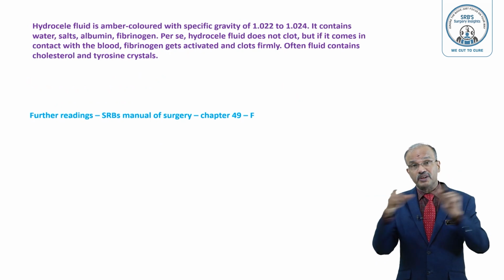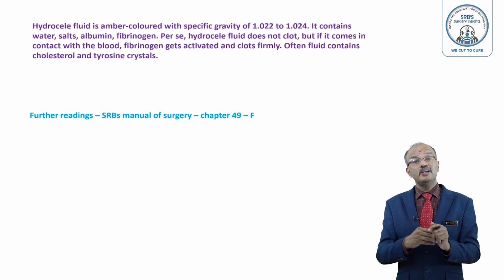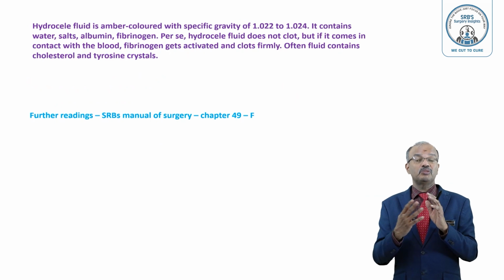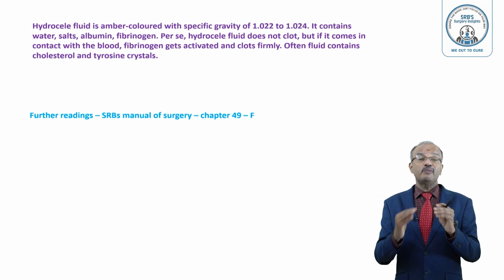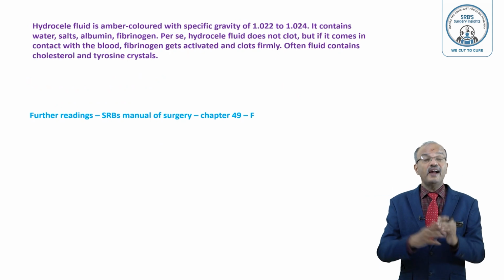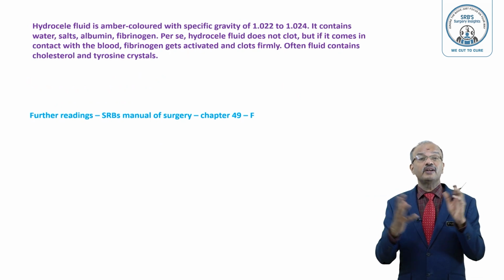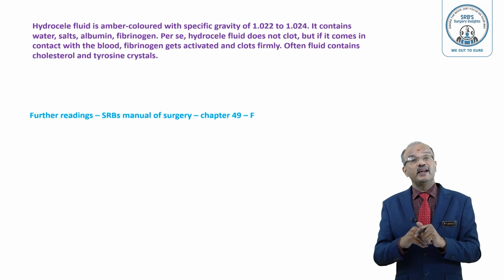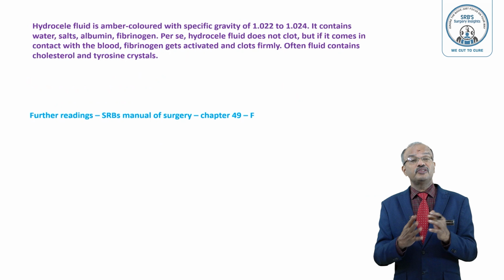How to elicit fluctuation in two directions and what is the meaning of fluctuation, everything you should know. So please go through my manual of surgery and also Clinical Methods in Surgery to learn about examination of hydrocele and the swelling report. Also details about hydrocele treatment concepts, complications, and how to treat the complications.